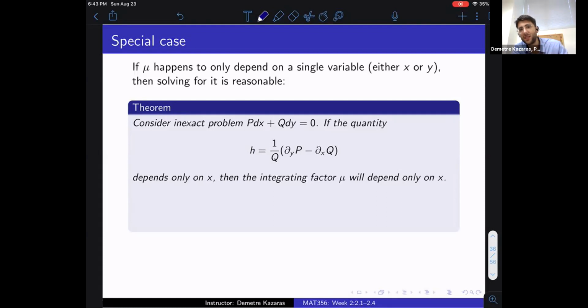Well, if this quantity, h, which is 1 over q times the quantity y derivative of p minus x derivative of q, only depends on one of the variables, namely x, then mu will only depend on x, which will considerably simplify the situation.